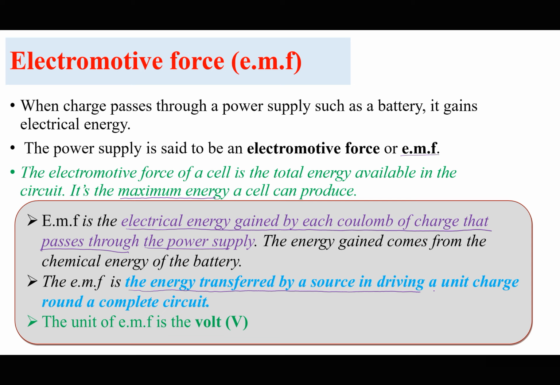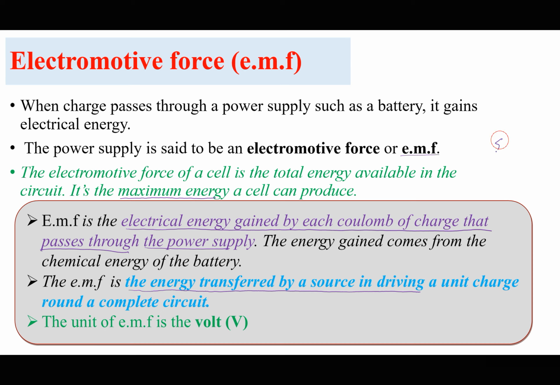The electrical energy gained by a coulomb of charge as it passes through a power supply, that is the EMF. Or we can think about it as the energy transferred by the source in driving a unit charge around a complete circuit, that is the EMF. Of course, in both cases, it is energy per unit charge.